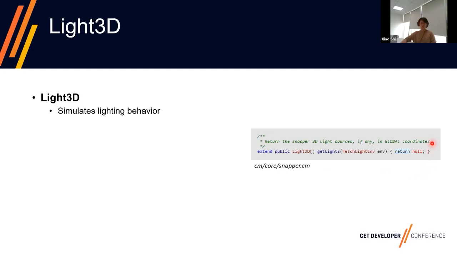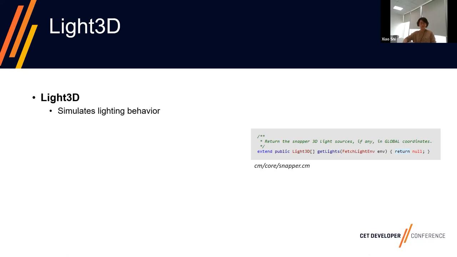So if you have your own lights, you need to fill in some Light3D and return it. This Light3D is a type of 3D, but it's not for you to look at; it's a 3D that simulates the light behaviors.